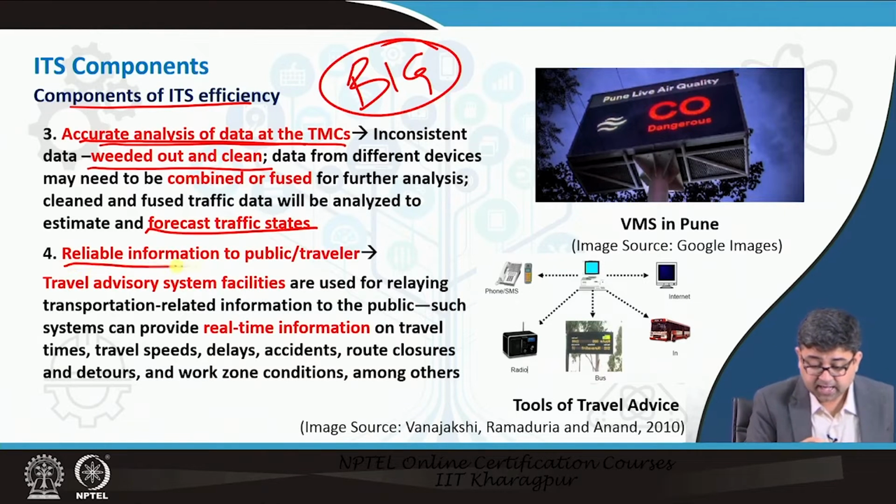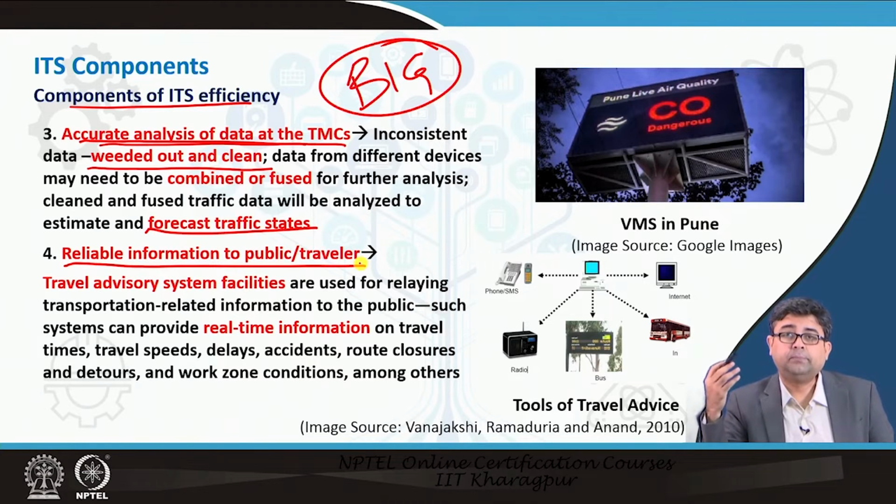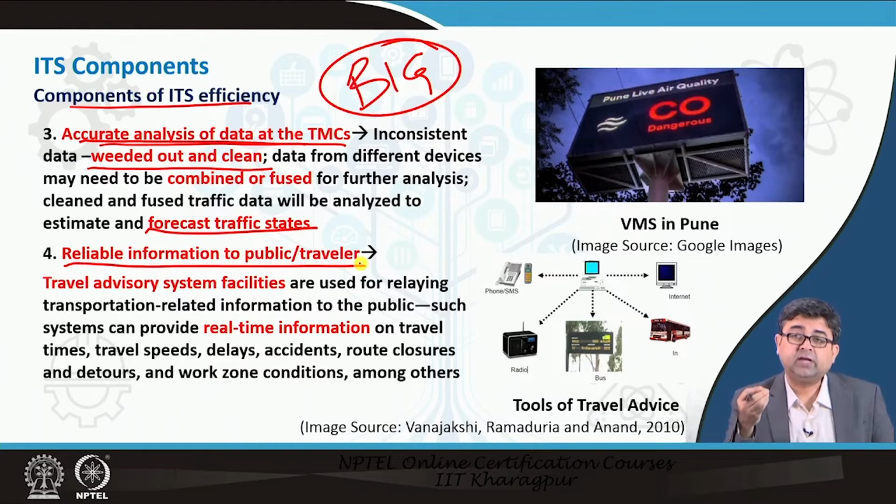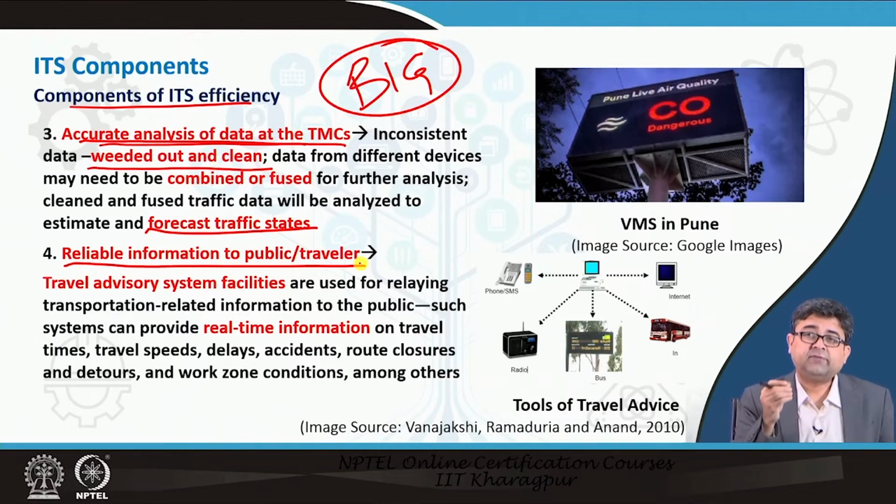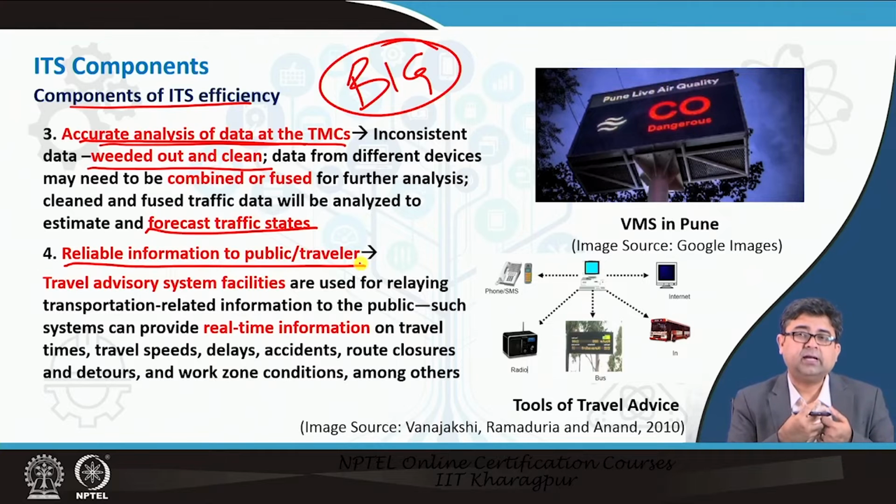Next, it has to provide reliable information to the public as well as the traveler, right. So, just providing information is not good enough, it has to provide reliable information. For example, the next bus is arriving at 5:15 p.m. Now, that 5:15 p.m. has to be reliable. If you do not provide reliable information, what usually tends to happen is the user will no longer have faith in what you are telling, and once that faith is lost, then the user may not use your services.